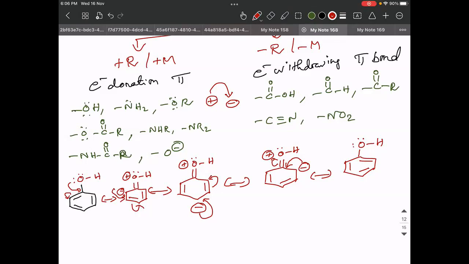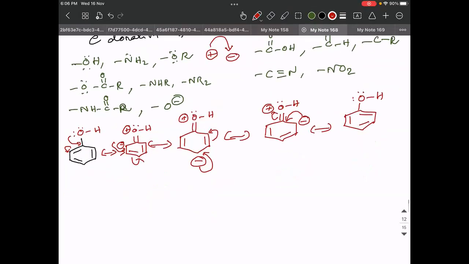Correct? Now look, if the group you are attached with is C double bond OH.